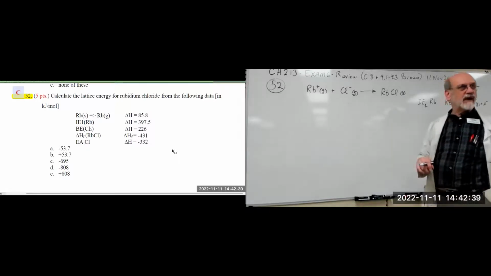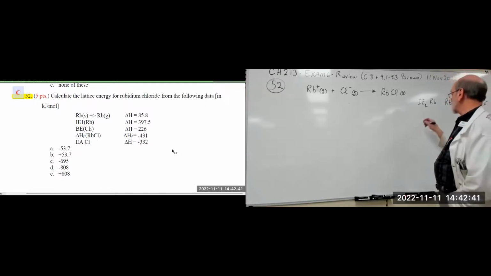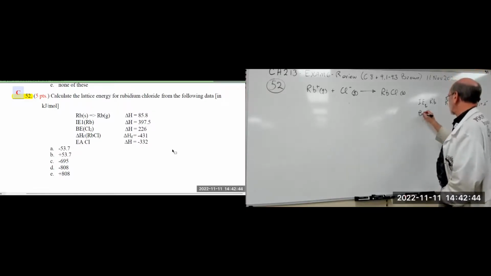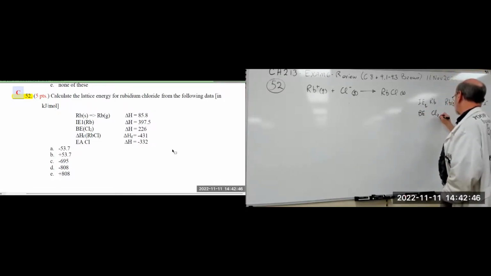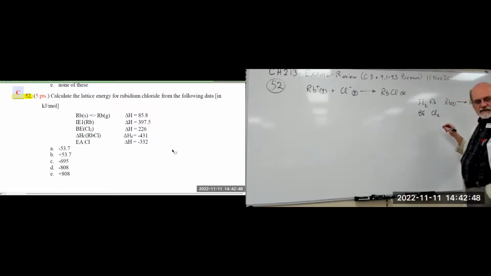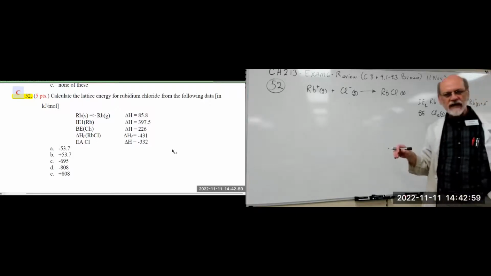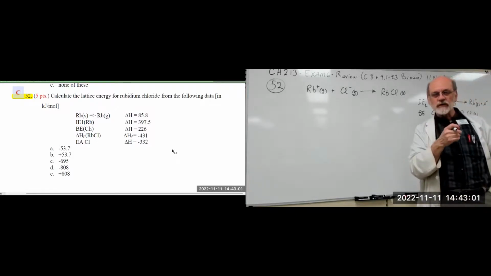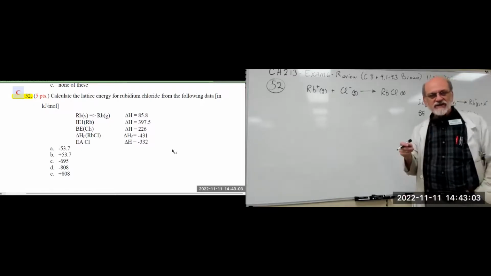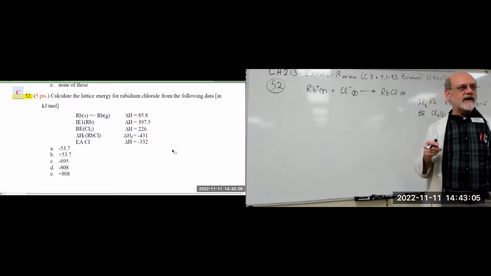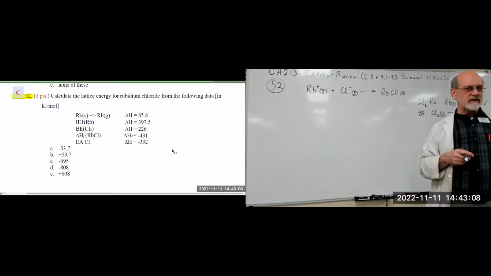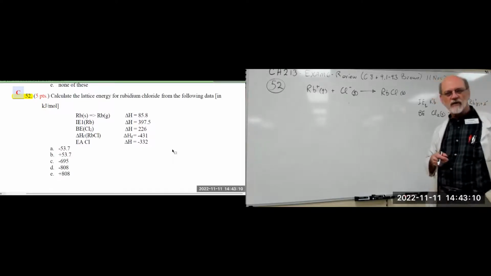BE means bond energy. The bond energy of chlorine, it should be a gas. Yes, it will have to be a gas. And then what you end up with is 2 chlorine atoms. And that's so much energy, 226.